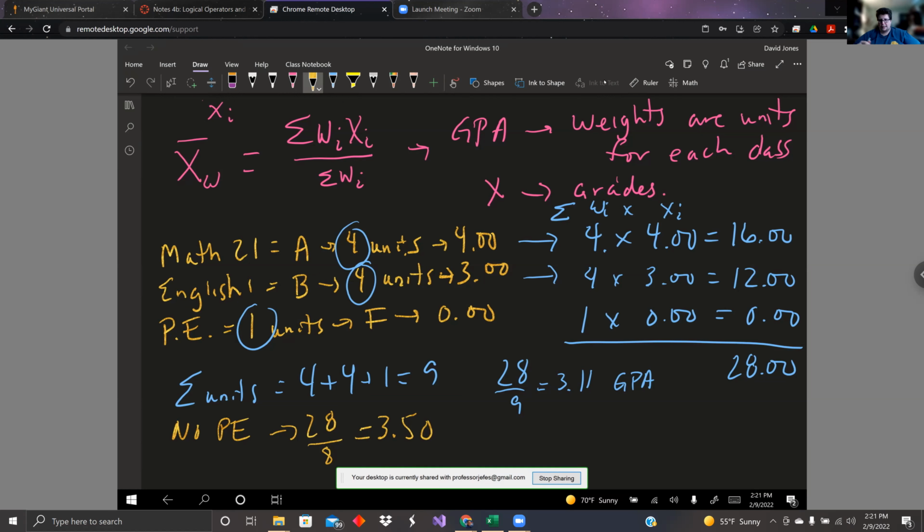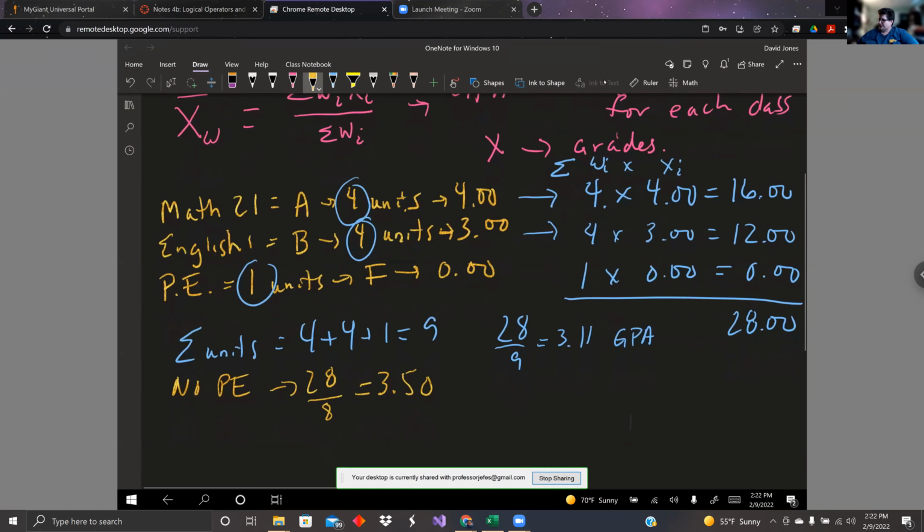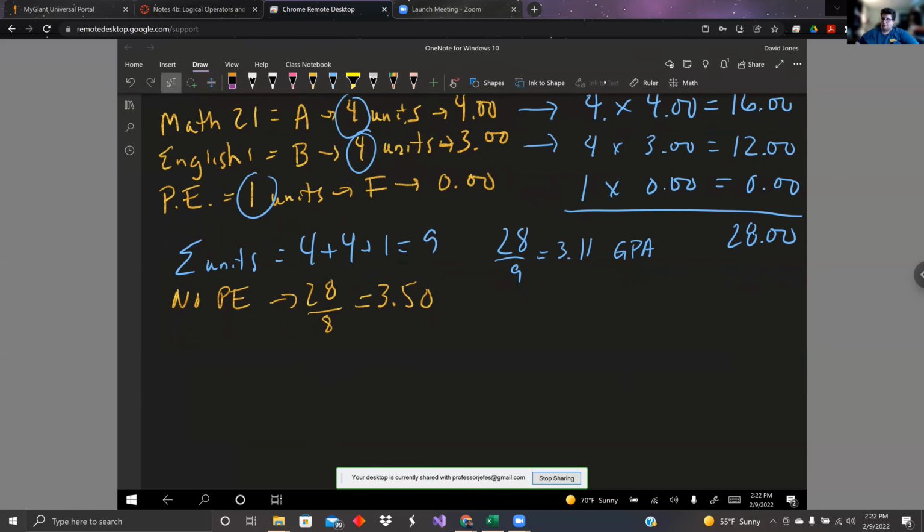If that's the only really bad grade you have the entire time at school, you're going to have a lot more points by the end, and you might be up near 3.6, 3.7 quite easily. So that's how weighted means work. I'm not testing you on that, but I think it's important that you know how to do it or what it is. Are there any questions on that?